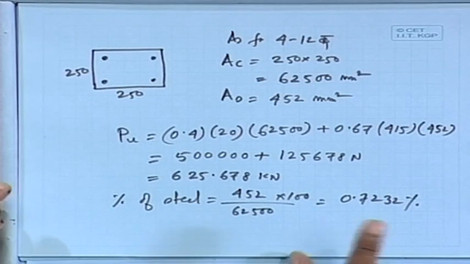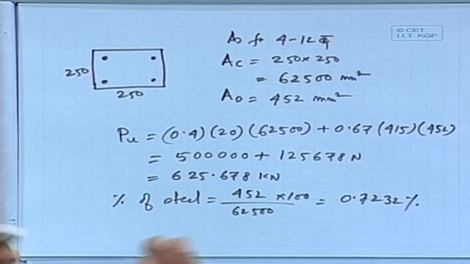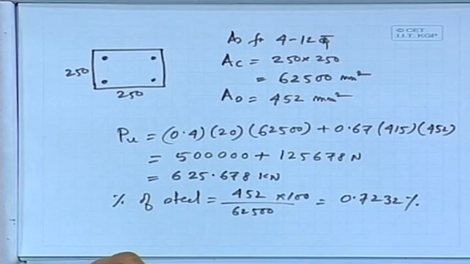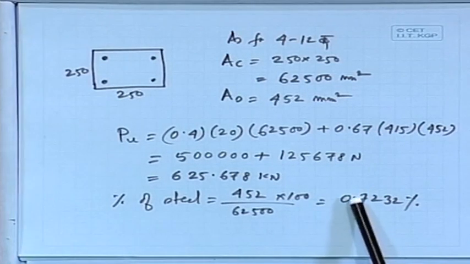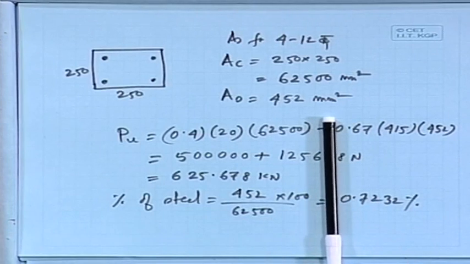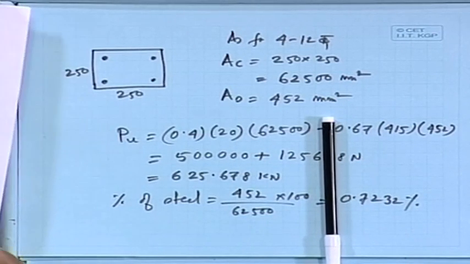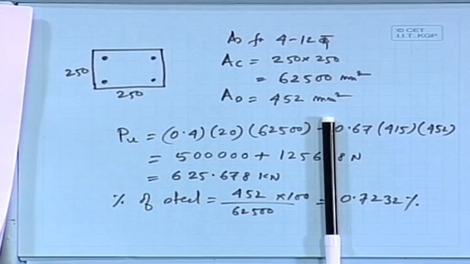In most cases, in general buildings, masons follow the standard practice of 250 by 250 and use 4 bars of 12 mm. But according to the IS code, even in that case it is less than 0.8. So, we have to follow those codes.